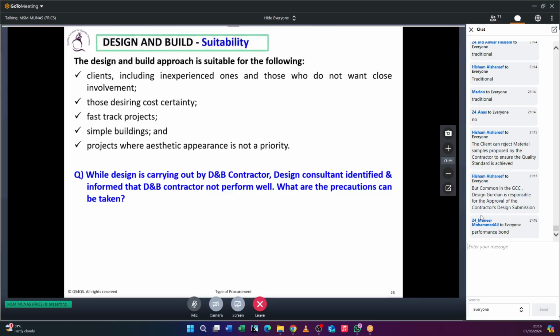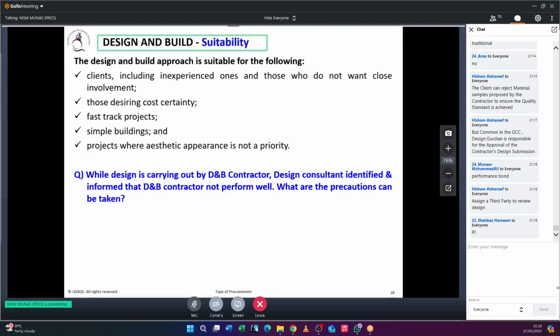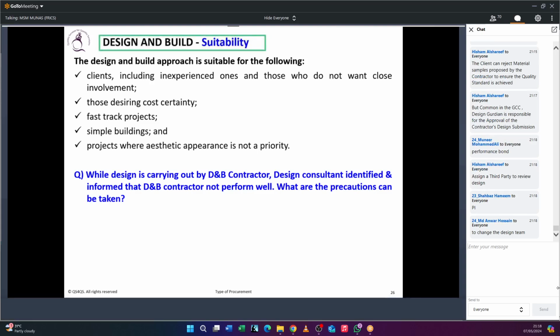Not performance bond. Performance bond is to make sure that what the contractor agrees, he will deliver. And you are not entering the contract without a performance bond, isn't it? Third party review, somehow you are okay, good. PI insurance, no, it is not the one.